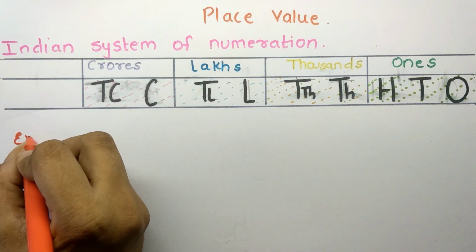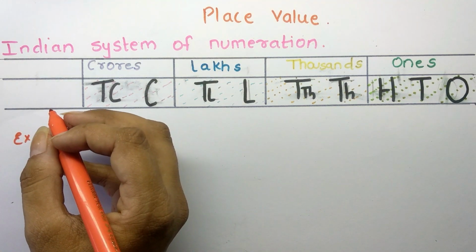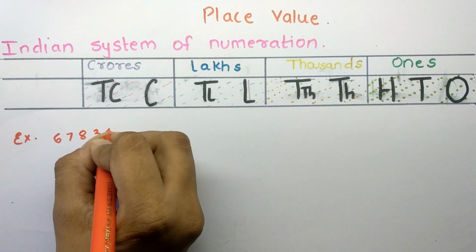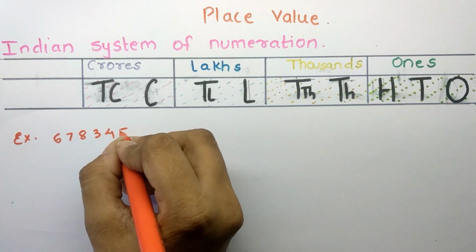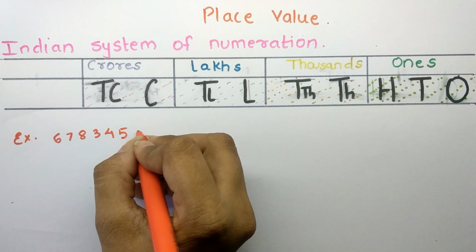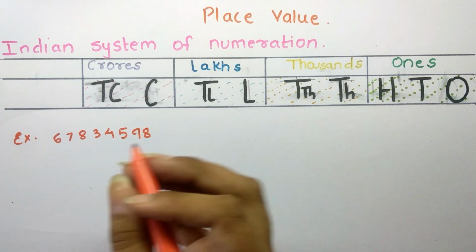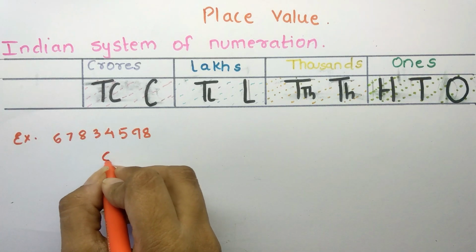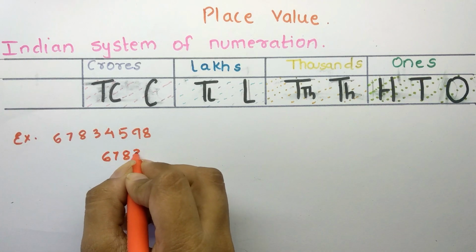Let us represent one number in this number system. We will use commas to separate the periods. Let us see how we will write the given number. I have 6, 7, 8, 3, 4, 5, 9, 8. I have to write it using the Indian system of numeration.